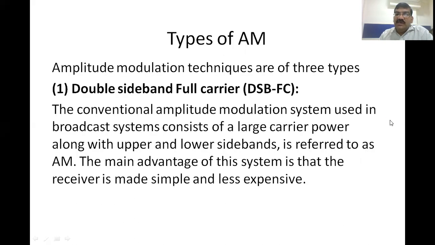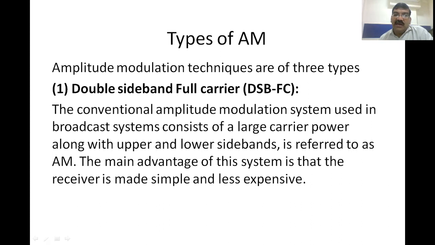Now, as I mentioned here, what are the types and what is their impact? So amplitude modulation techniques, there are three modulation techniques. Very first is the double sideband full carrier. In short, we can say DSB, double sideband, FC, full carrier.